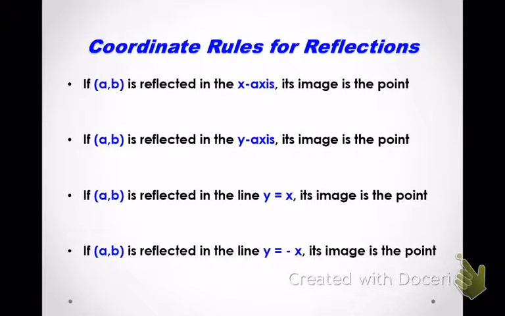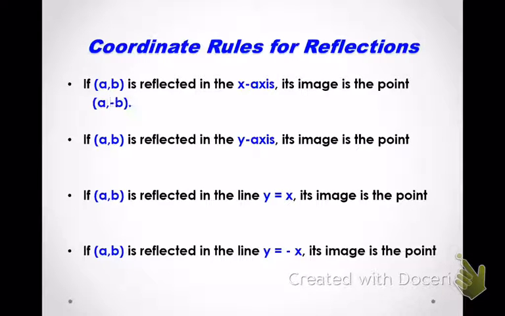Now, some rules. You can refer to these when you do your homework. If it's across the x-axis, the x-axis is a horizontal line, so you can do the counting method.